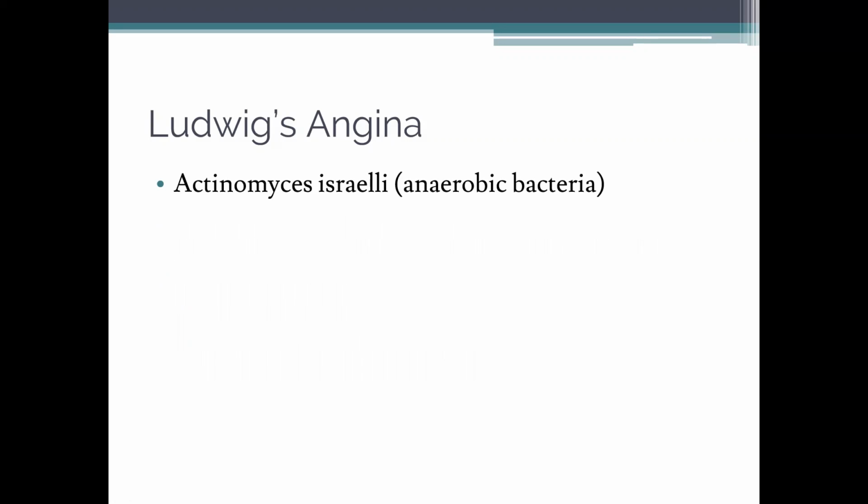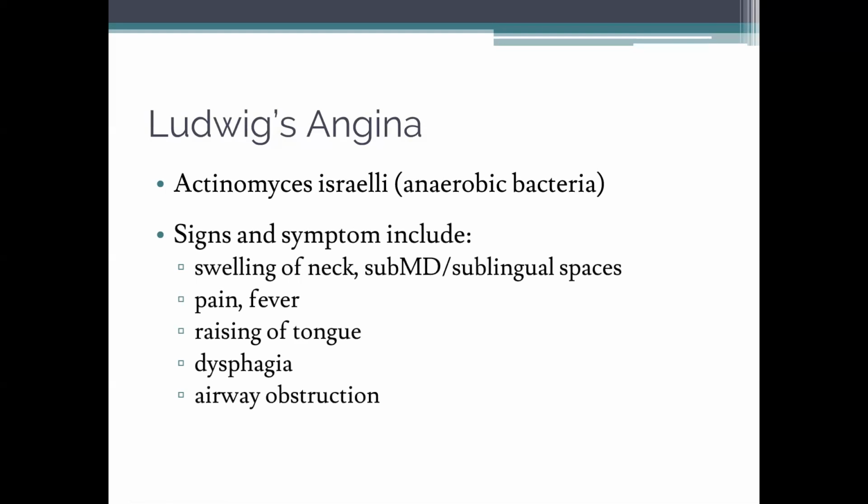When you get cellulitis and big swellings, anaerobic bacteria. These are nasty bacteria. They live without oxygen. Swelling, neck, pain, fever, raising of the tongue. Just be comfortable with, you know what Ludwig's angina is. But I'm giving you some examples of what you will see on the patient.